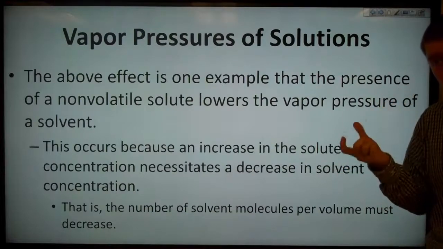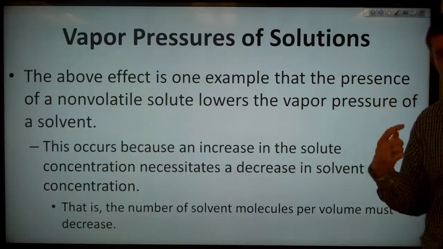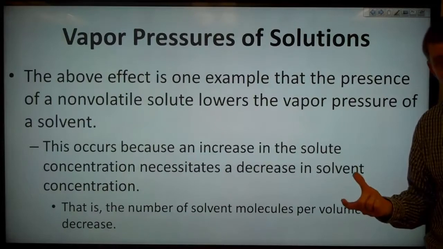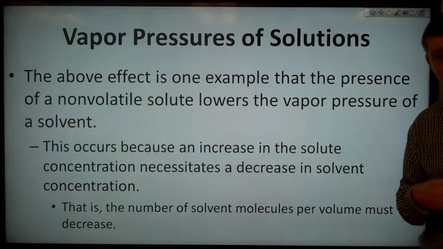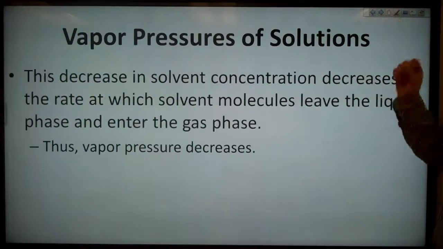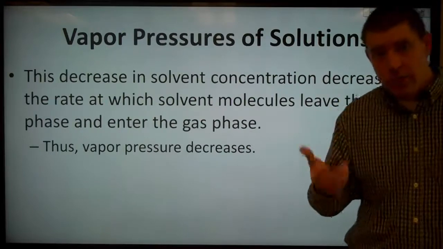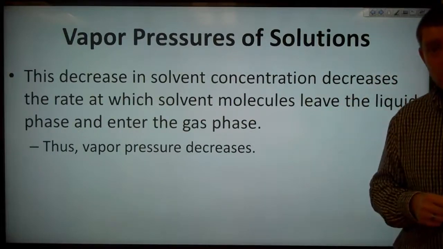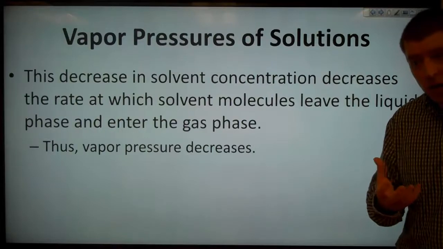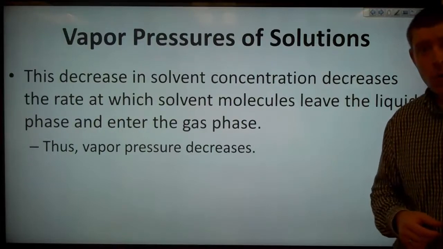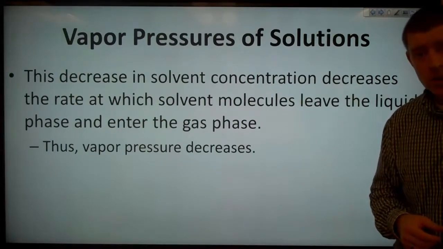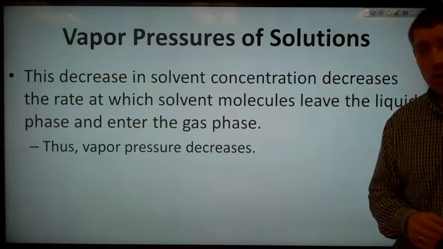And that means that the partial pressure has to drop. As the concentration of our solvent is dropping, the partial pressure of our solvent has to drop as well. So the vapor pressure of our solvent above the solution has to be lower than the vapor pressure of our solvent above the pure solvent.